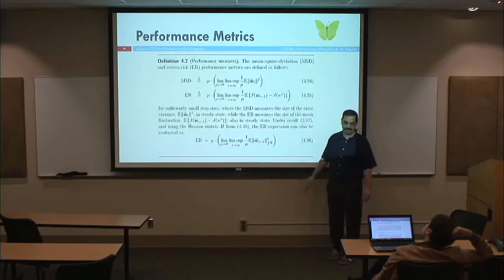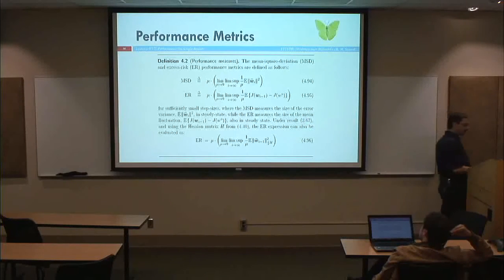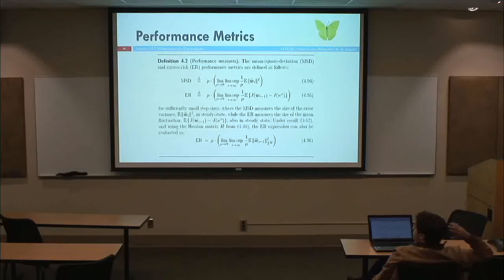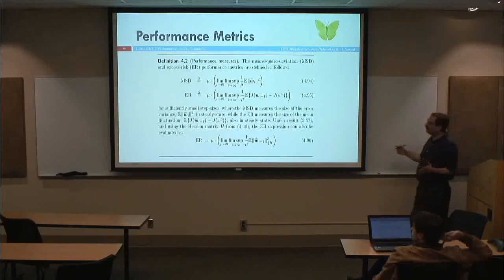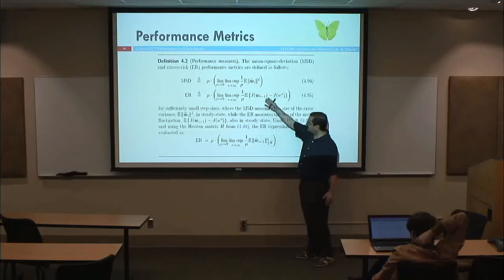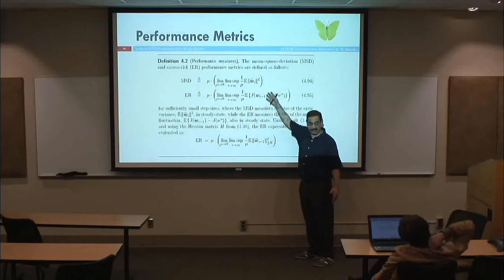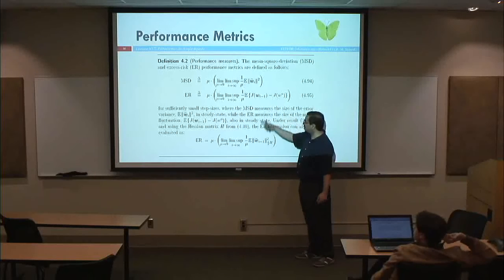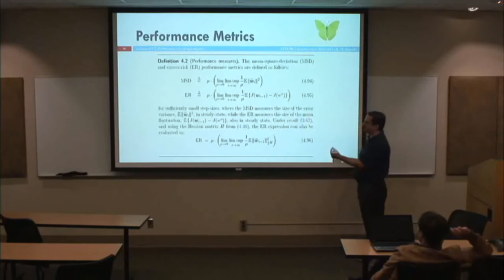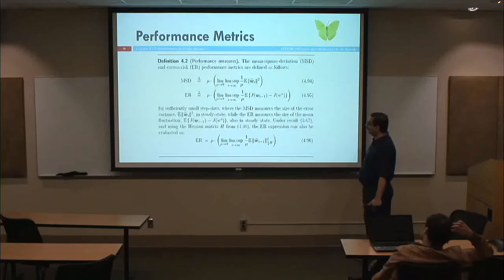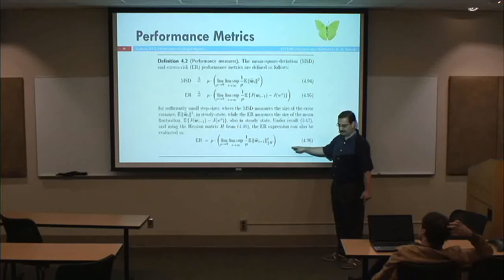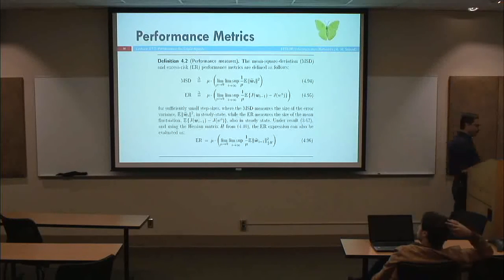So up to first order in mu, these expressions are giving you the first order approximations for the MSD and ER. Then you don't need that correction term. Very good.